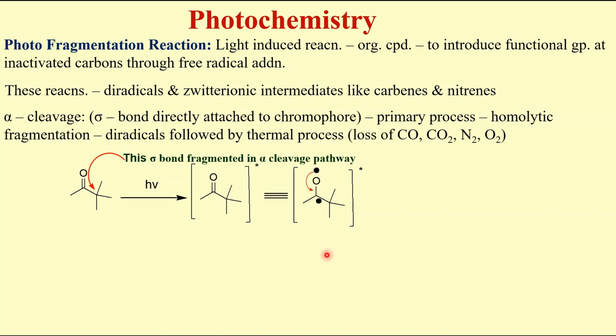In the CO diradical which is formed, one electron moves over here and another electron from oxygen moves over here, and the bond cleavage occurs over here at the alpha position to give rise to two fragments. One is the carbonyl radical and another is the trialkyl radical.